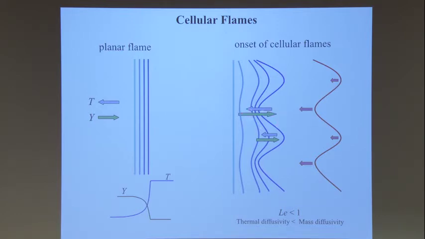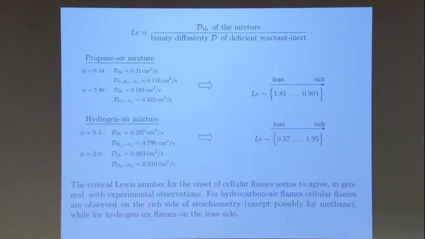Since this arrow is bigger than this, you get more fuel coming to the flame, and the flame is enriched and wants to propagate faster. So this segment propagates faster. In this region, the gradients are weaker, and so it propagates slower. So you will find a situation where it propagates faster here than slower here, and it will maintain that cellular structure. There is a slightly different way to explain this, with transverse gradient, but it's the same idea.